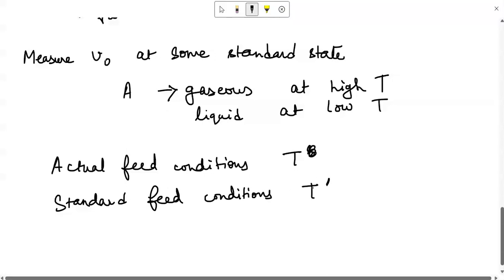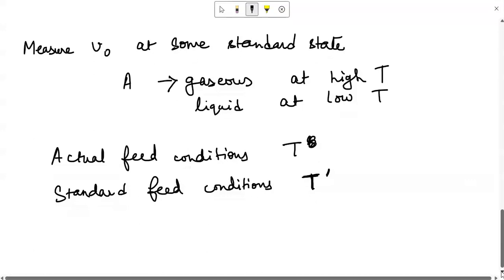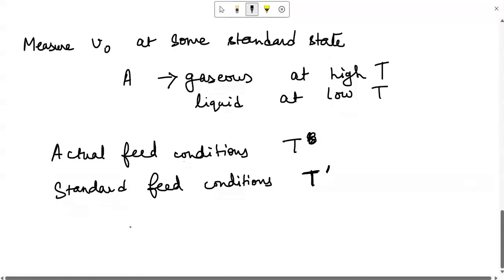This is the kind of notation that we are going to use. Then how do we relate space time and space velocity? So tau dash or 1 by s dash, remember prime or dash is for standard condition and no prime or no dash is for actual condition.